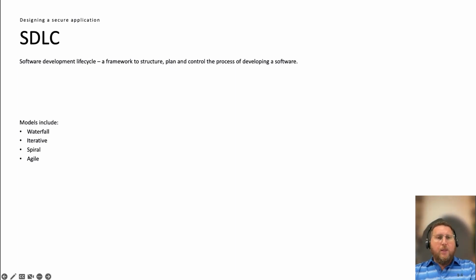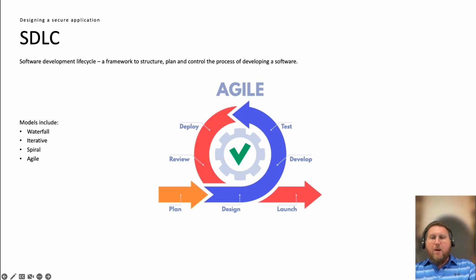Today you mostly see everybody doing agile, which is a combination of the iterative approaches and focuses on rapid delivery of software. This is what you would see today from your App Store or Play Store, where you see updates coming in sometimes day after day for the same application.